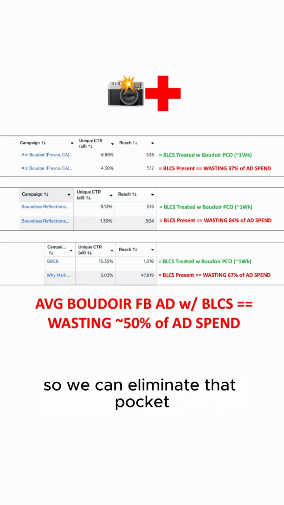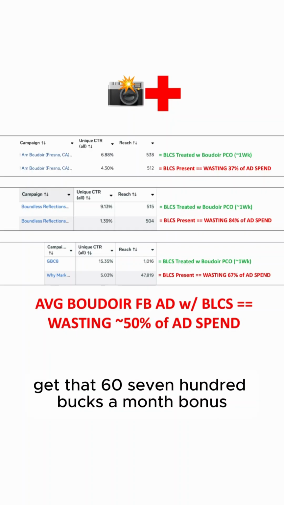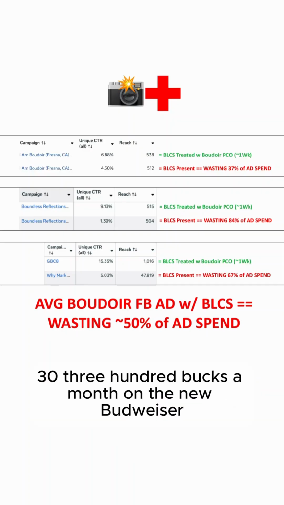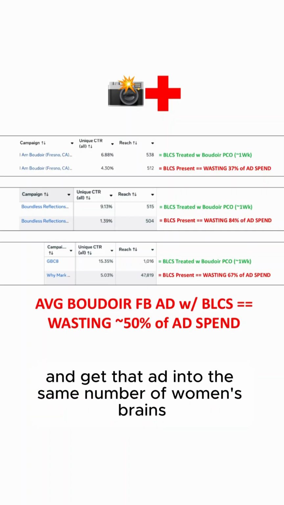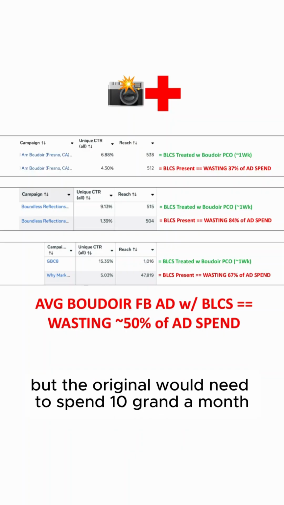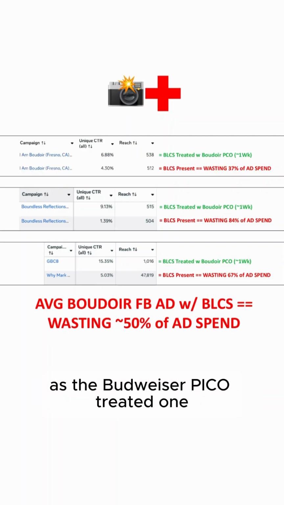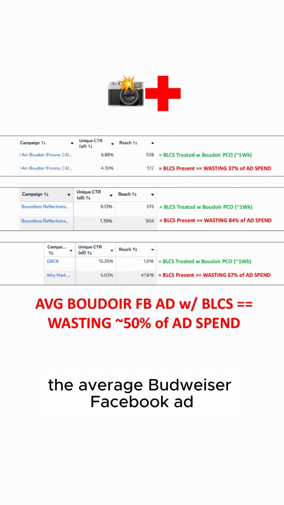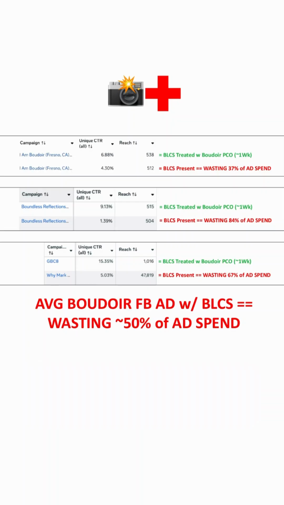So we can eliminate that, pocket that, simply not spend it, get a $6,700 a month bonus, and instead spend $3,300 a month on the new Boudoir Pico treated Facebook ad, and get that ad into the same number of women's brains as the original. But the original would need to spend 10 grand a month, literally like 3 times the amount as the Boudoir Pico treated one. So we can see here the average Boudoir Facebook ad with BLCS is wasting approximately 50% of its ad spend.